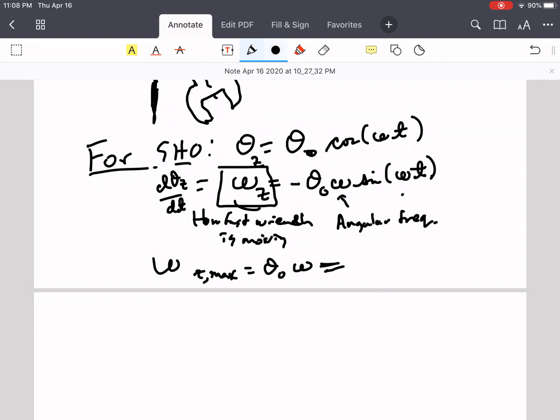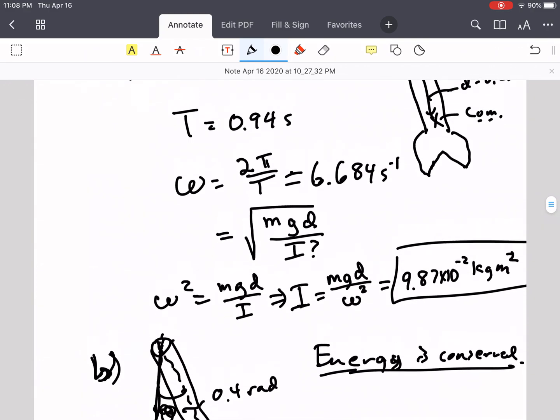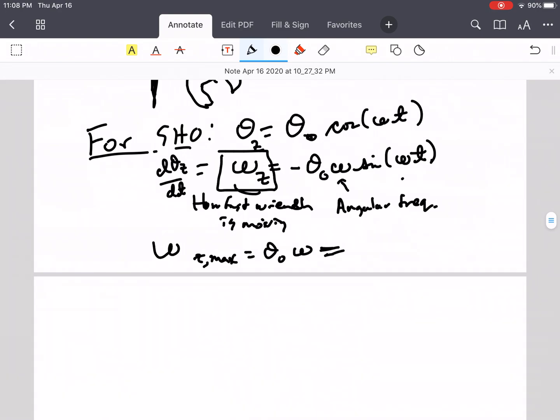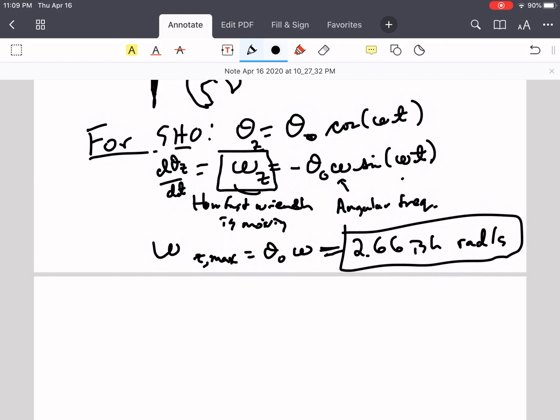But you'll get something of order, let's see, what do I have? 0.4 times 6.6 something. You'll get something like 2.66-ish radians per second. So that's close, but it's not quite right.